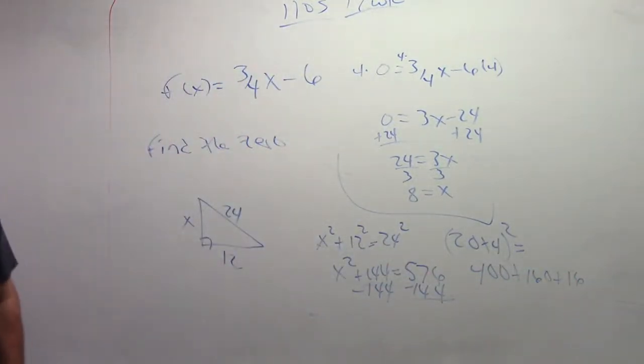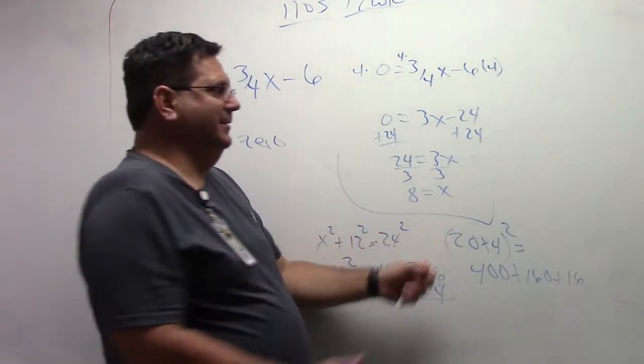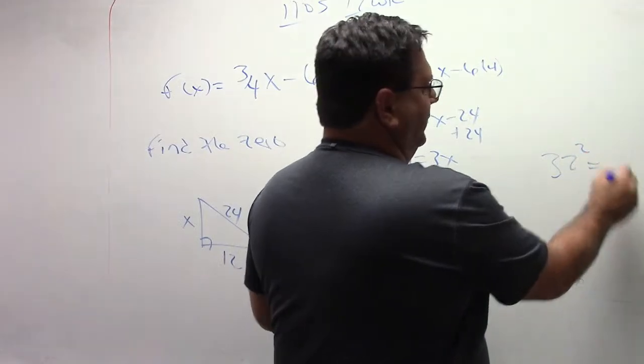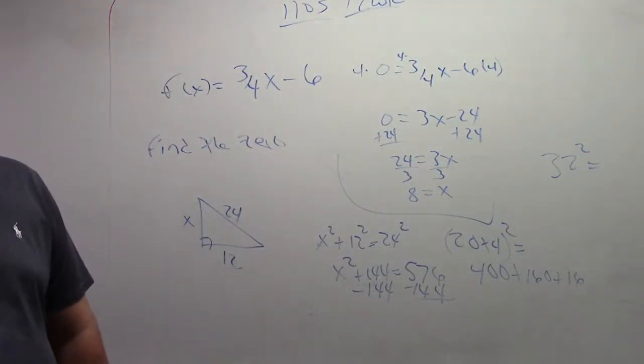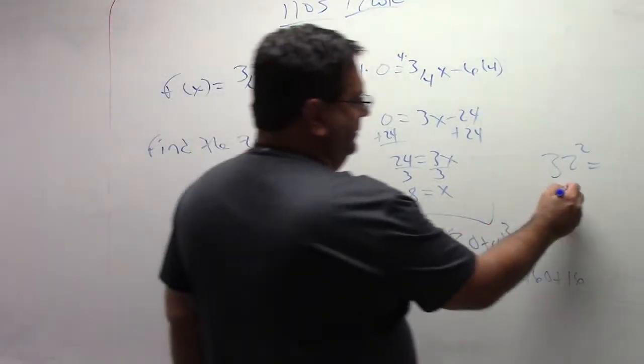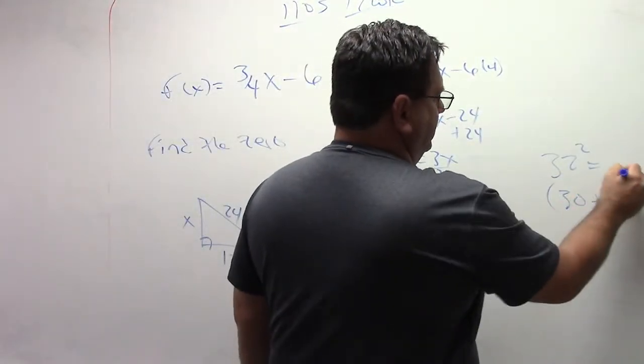Okay, that sounds good. I'm not superhuman. I just know better tricks than you. But I use this a lot. Like if I have to do 32 squared, same thing. It's just 30 plus 2.